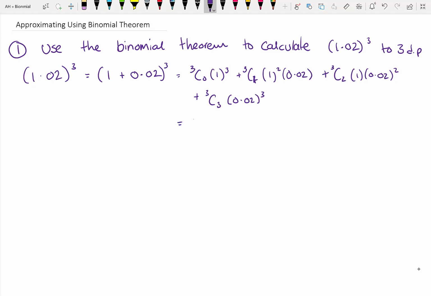And so that gives me 1 plus 0.06 plus 0.0012 plus 0.00008. And so remember, we only want it to 3 decimal places, and so that gives me 1.061.